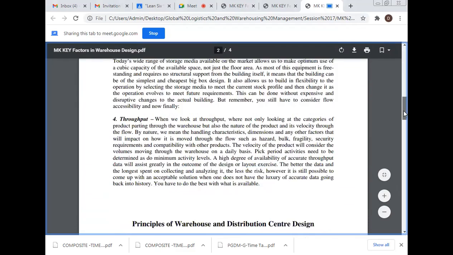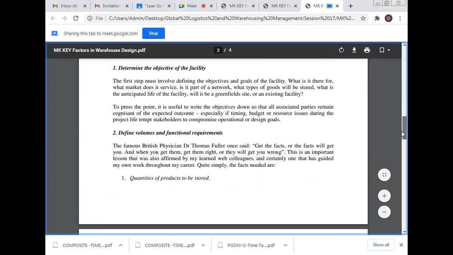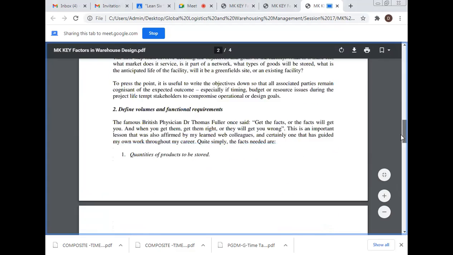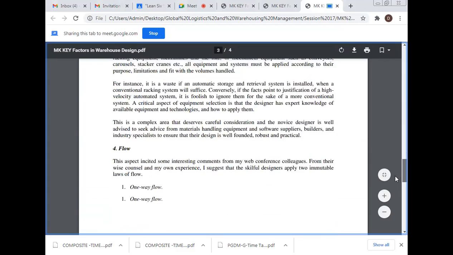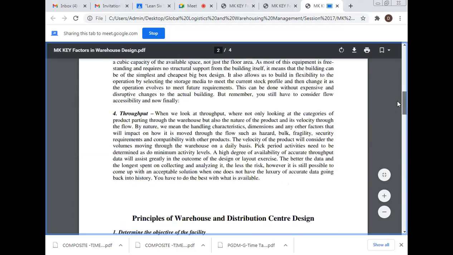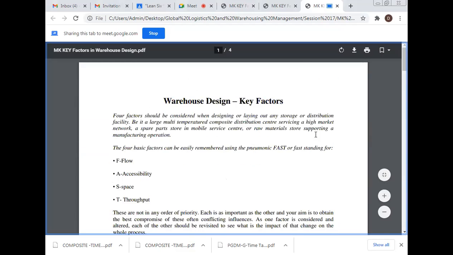These are the 4 key factors. These are the principles of the design of the warehouse and the distribution center that we have discussed here.